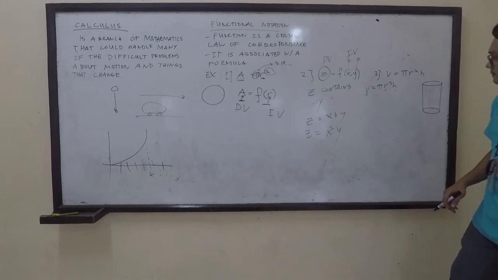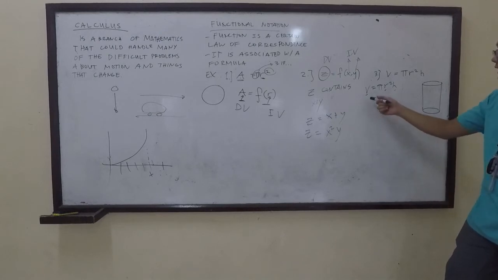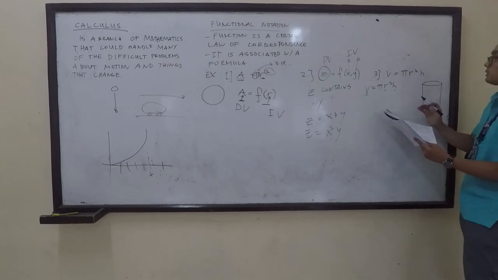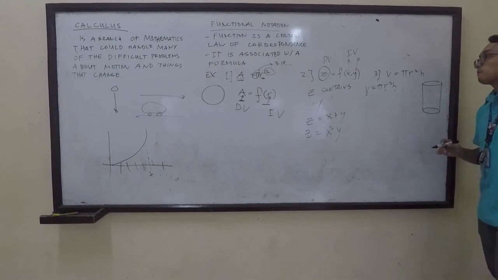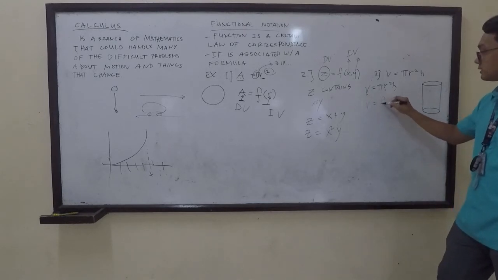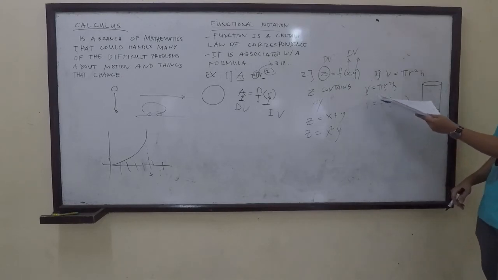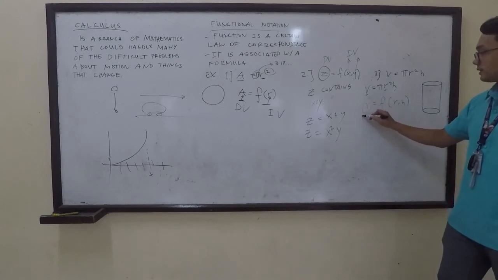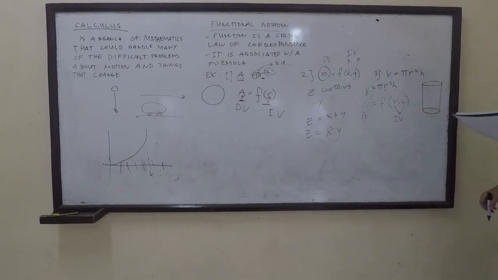V is isolated, so V is the dependent variable because it depends on the values of r and h. So V is a function of r and h. Without a value of r and h, there is no value of V. So this is the dependent variable, and these two are the independent variables.